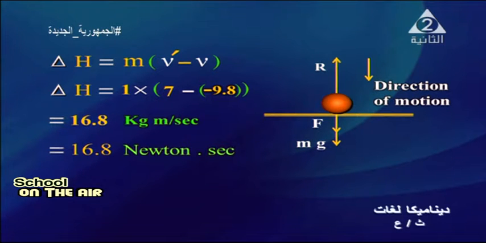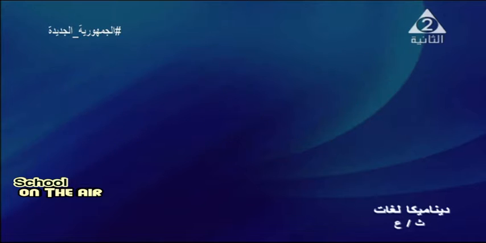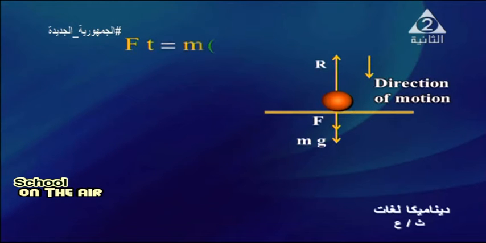Kilogram times meter per second equals Newton second. We can write the unit in Newton second or kilogram meter per second. Now, when the ball hits the ground, then Ft equals m times v dash minus v.